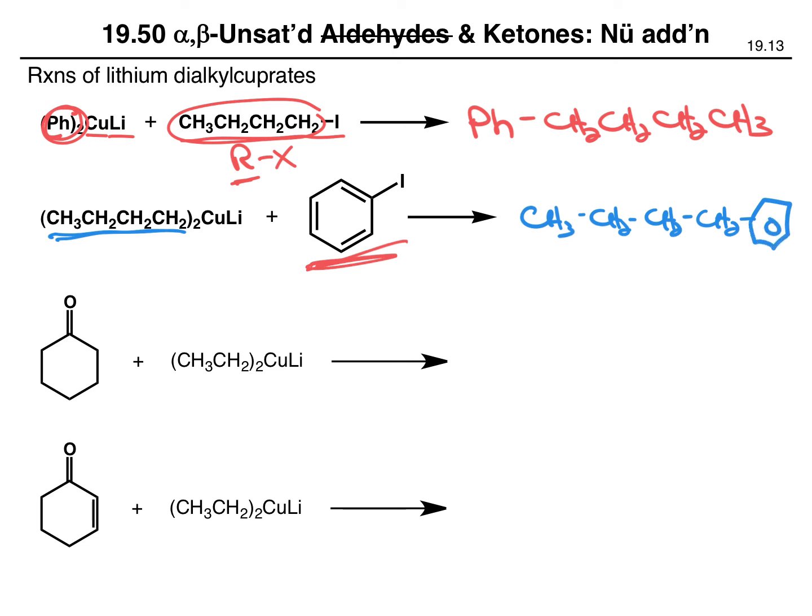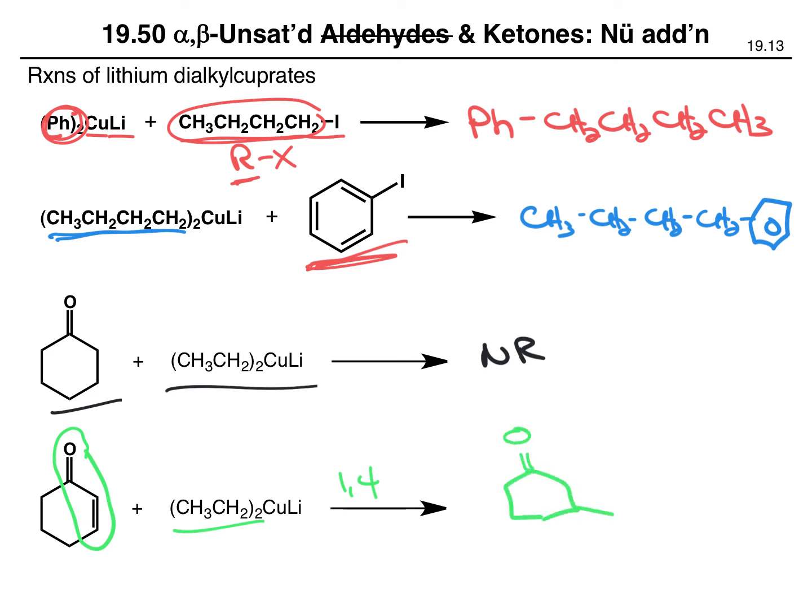Well, now we're looking at cuprates again, talking about reaction with aldehydes and ketones. If we have a regular aldehyde or ketone and we treat it with a cuprate, we will get no reaction. But if we react a cuprate with an alpha-beta unsaturated ketone, not aldehyde, but ketone, we will get the 1,4 addition product.